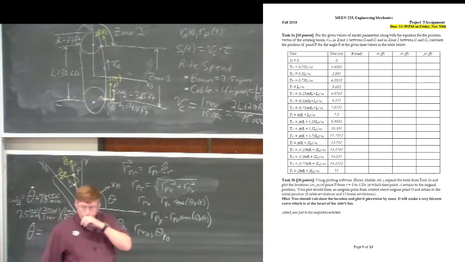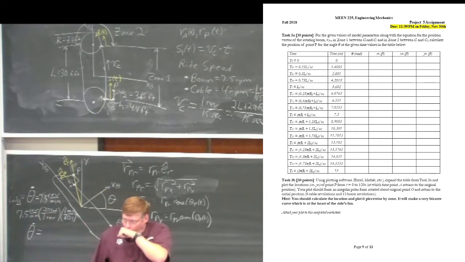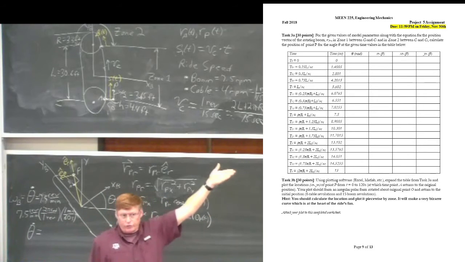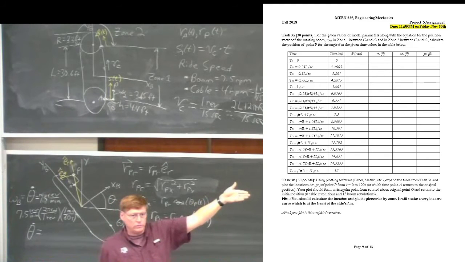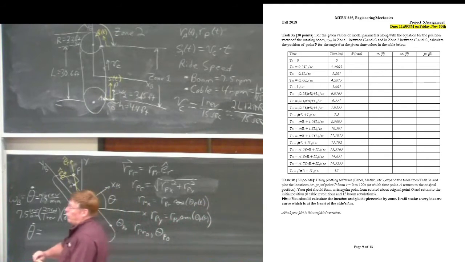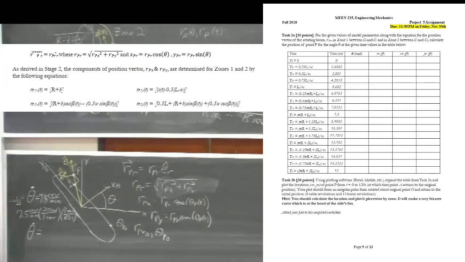So figure out your theta dot. You have your time intervals that you put in there for theta. Okay? Well, once you know theta, back up to here, you can figure out your R's.